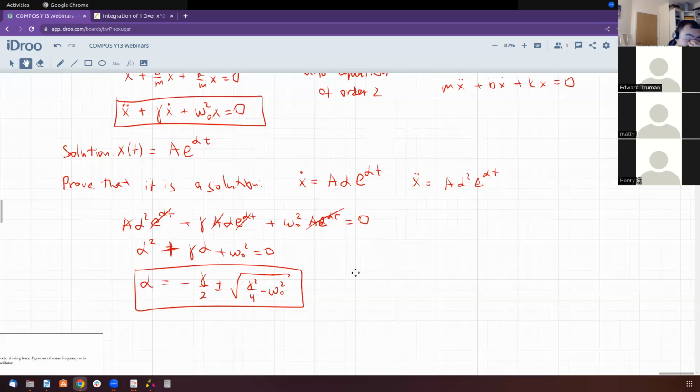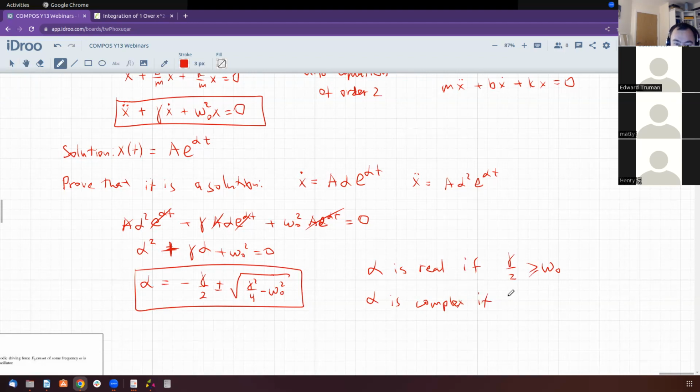Now, alpha is real if gamma over 2 is greater than omega 0. Alpha is complex if gamma over 2 is less than omega 0.